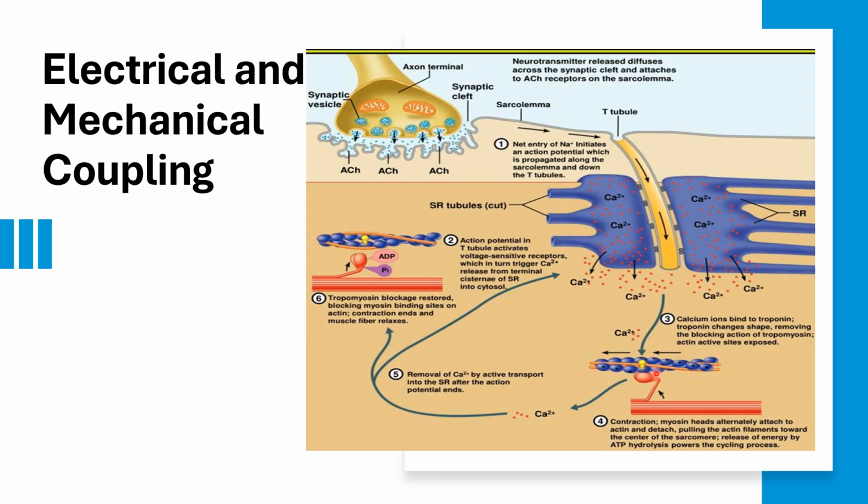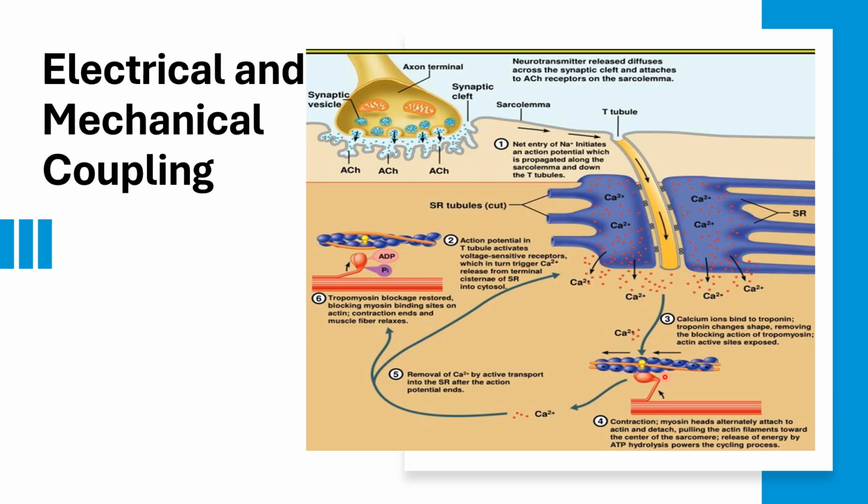The binding displaces tropomyosin, exposing the myosin binding sites on actin. Now, the cross-bridge cycle begins. Myosin heads attach, pivot, and pull the actin filaments inward, producing tension and shortening the fiber.